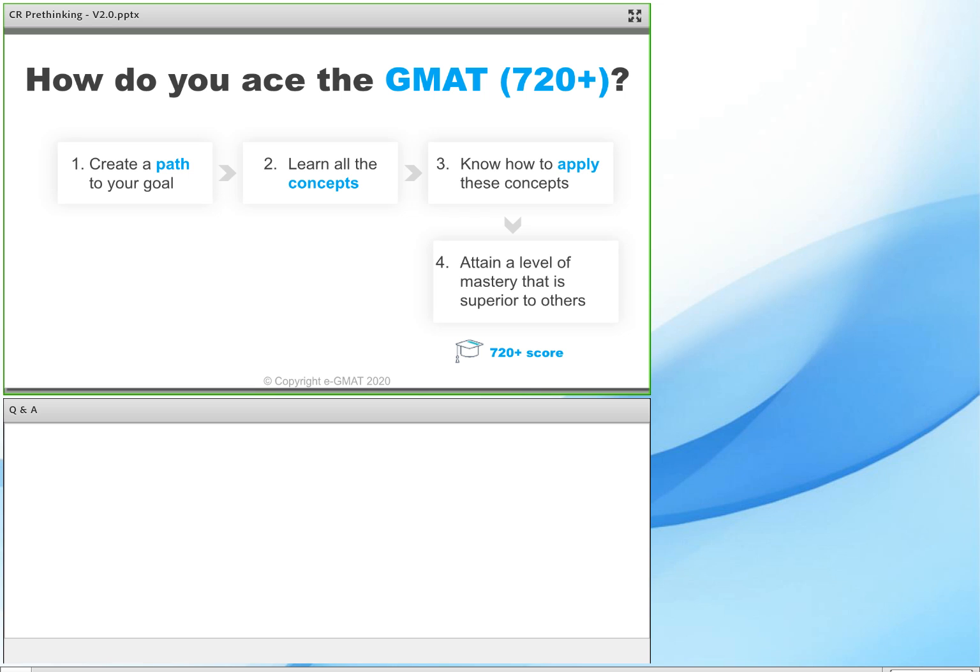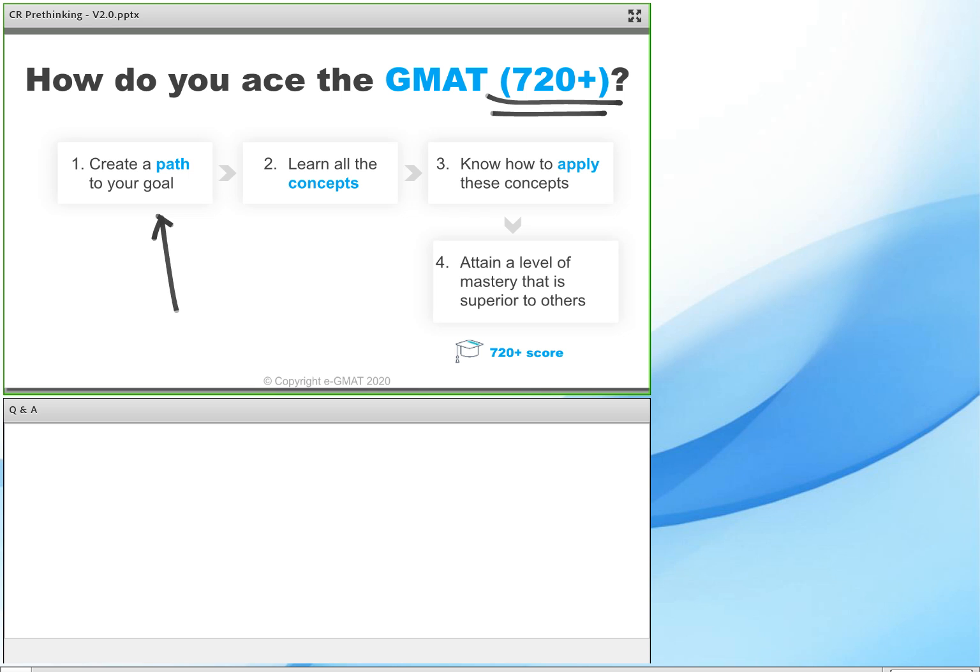So I'm going to demonstrate that using how you build your study plan. If you want to build your study plan, get to that score of 720 or higher, the way you go about doing this is, first of all, understand what you need to do to get there. So create that path to your goal. That's building your study plan, understanding your strengths, understanding your weaknesses, getting good estimates with regards to how much time you need to overcome those weaknesses.